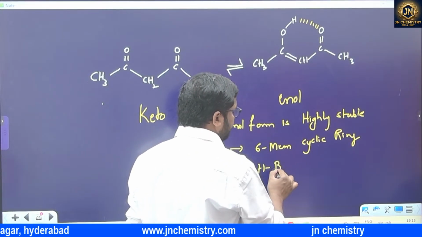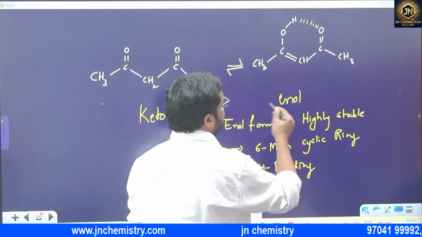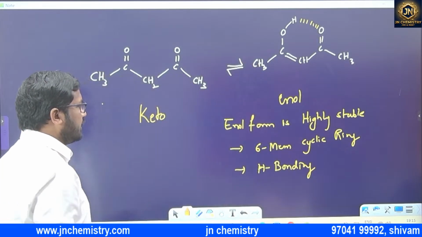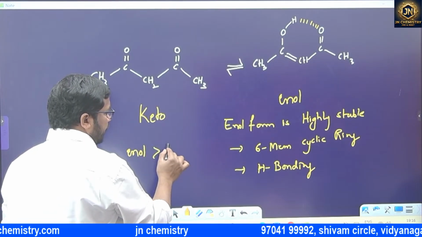So in this case the enol form is more stable than the keto form.